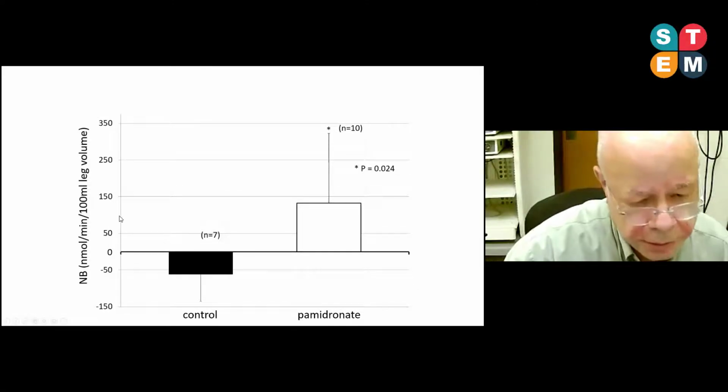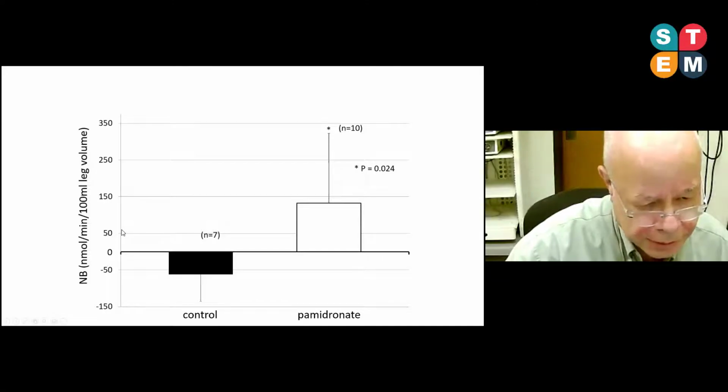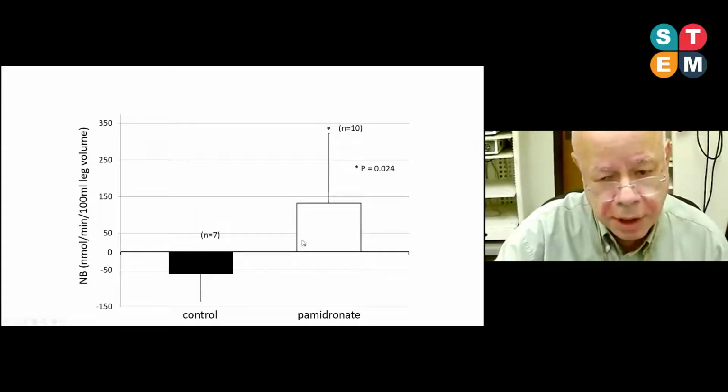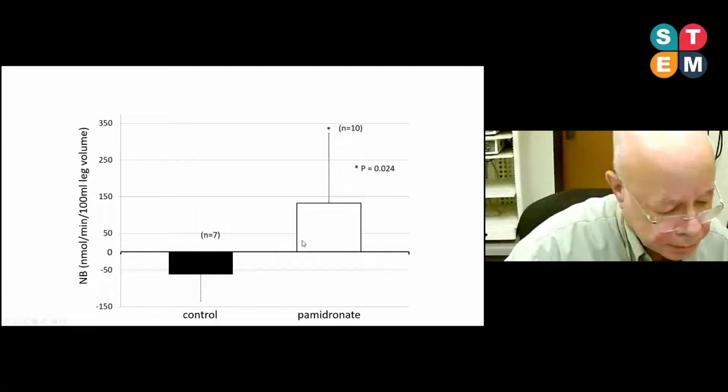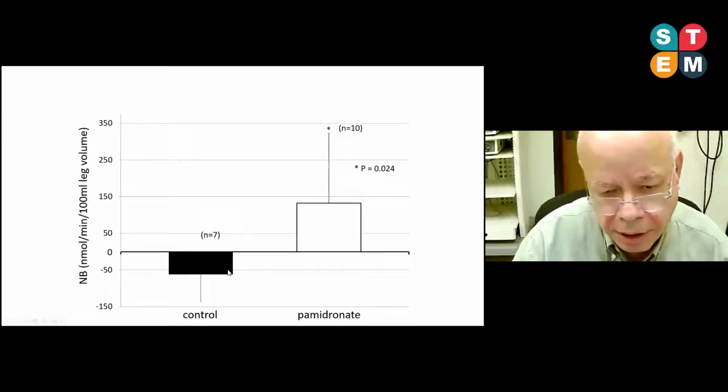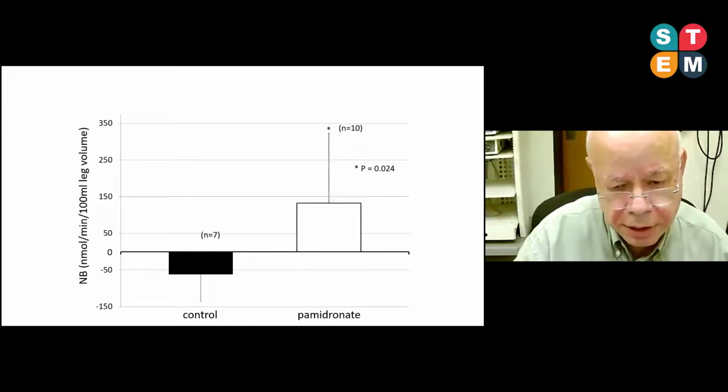And the result of that was the net balance, which we normally find in burn patients as negative, all of a sudden becomes positive. So we had an agent that perhaps was an anabolic agent.